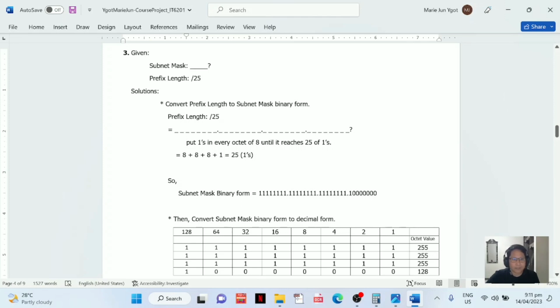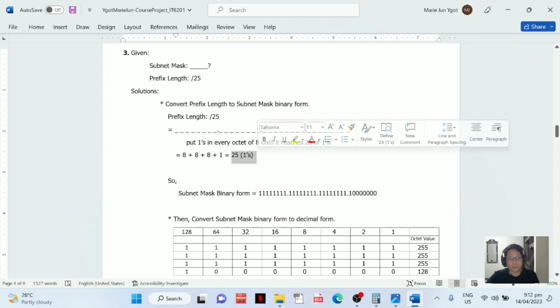So 8 plus 8 is 16, and then 8 plus 16 is 24. So we need 1 more in order to get 25. So 8 plus 8 plus 8 plus 1 is equal to 25 ones.